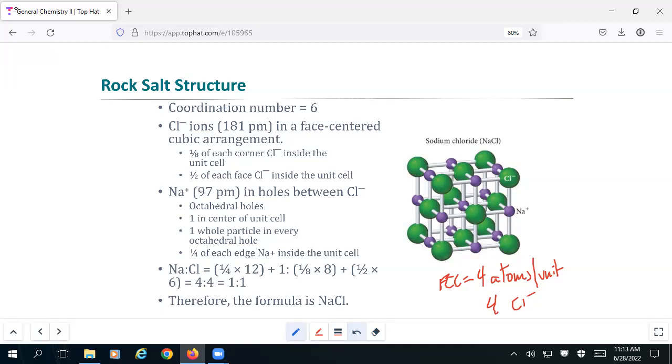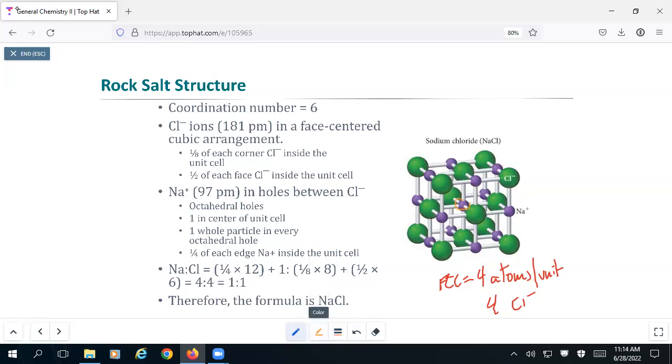And each one of those sodium ions, the ones depicted there in purple, are fitting in octahedral holes. Octahedral holes because you can see each one of these sodiums is touching 6 chlorides.